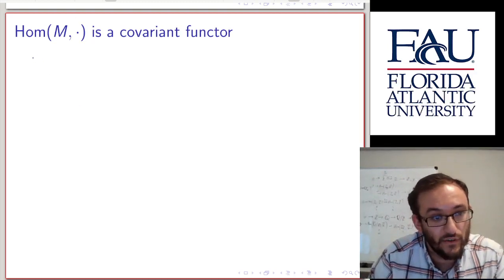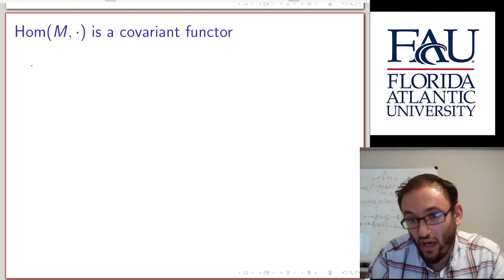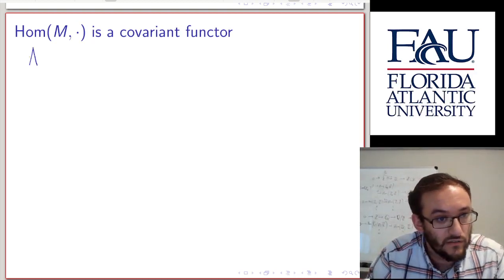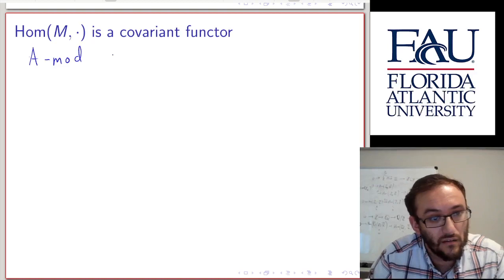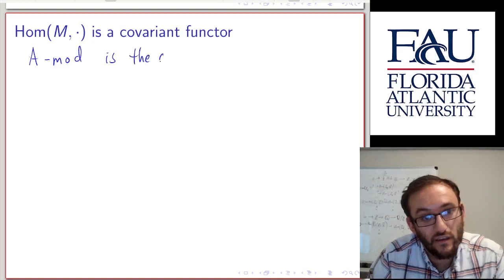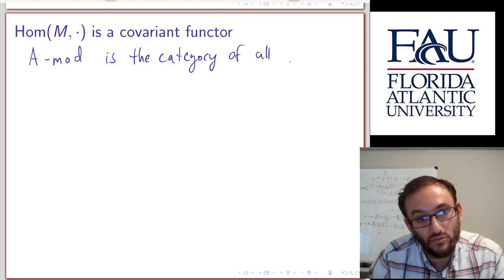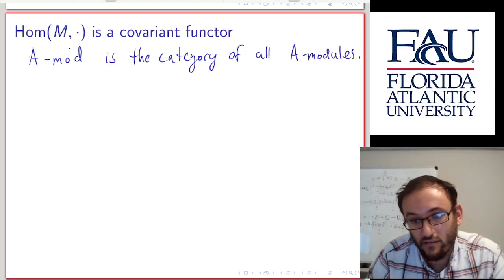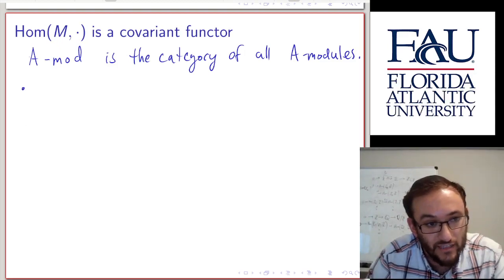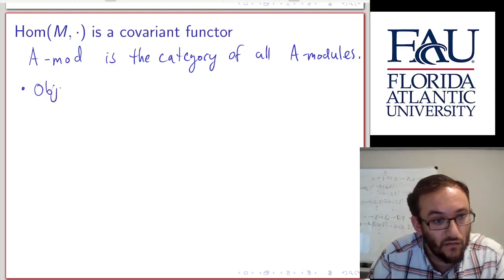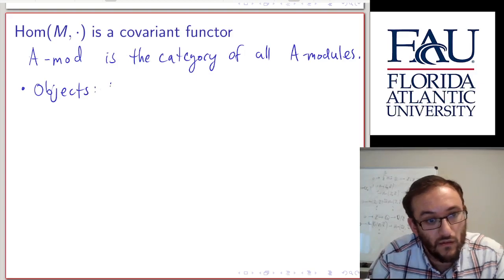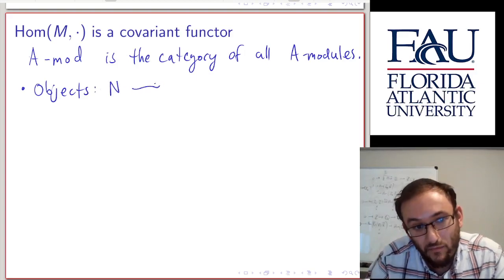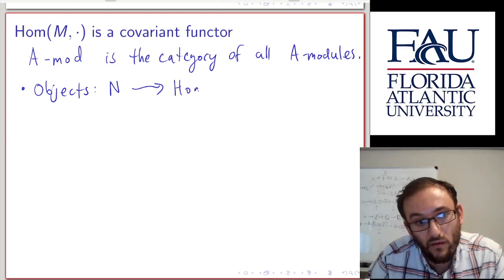In other words, I can apply this to all objects in the category, so A-mod is the category of all A modules. Okay, and how does Hom(M, -) act on this? So on the objects, it'll take N and it'll map it to the A module given by Hom of M, N.